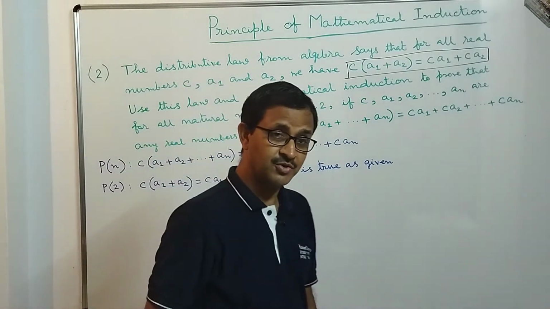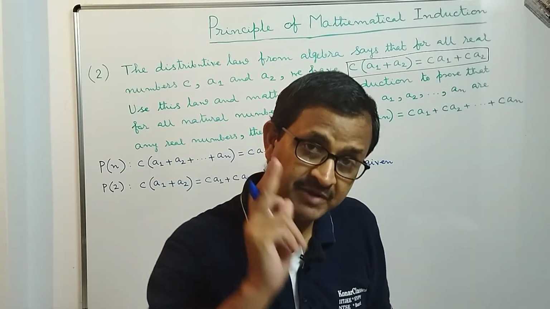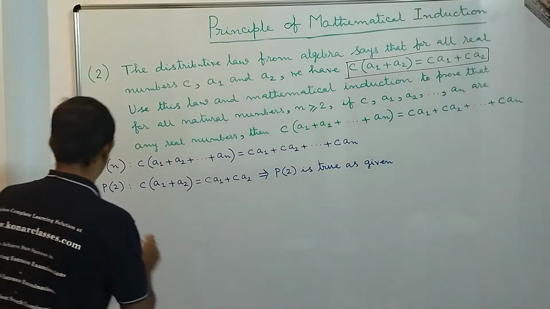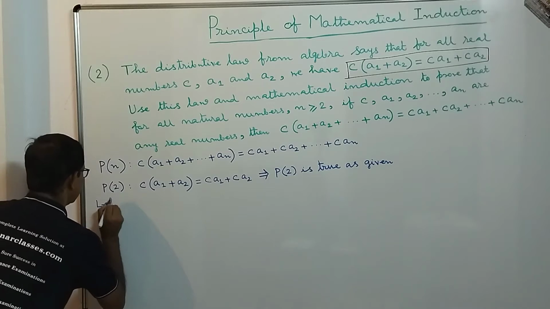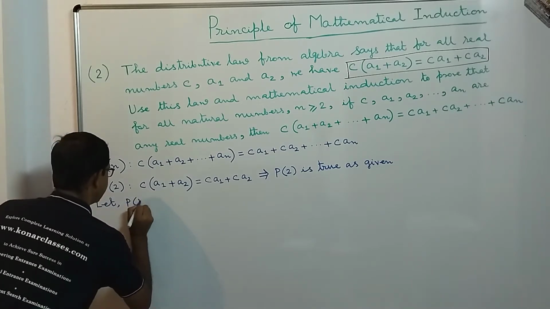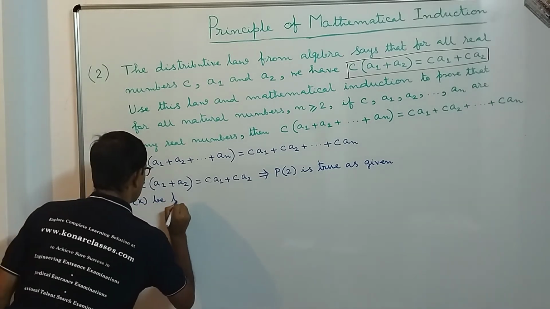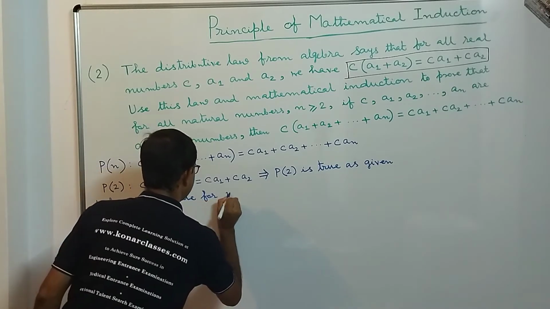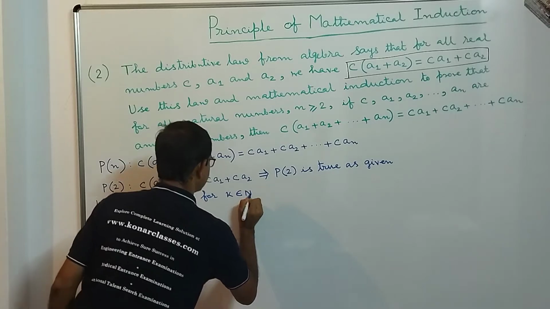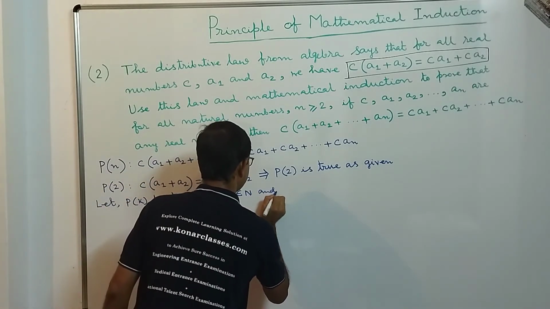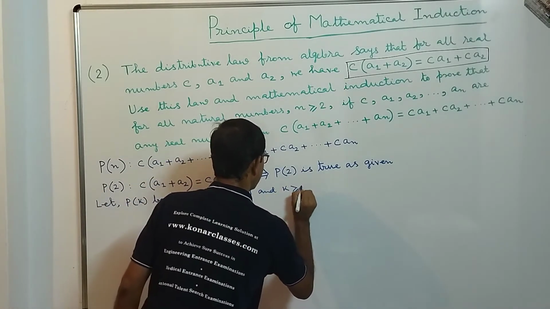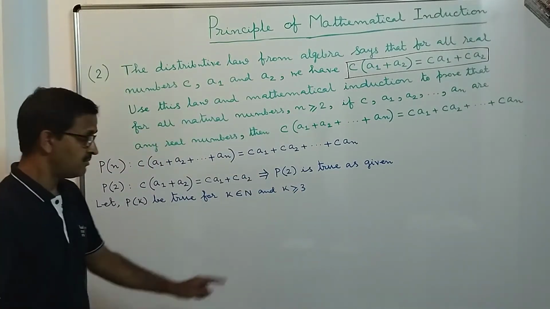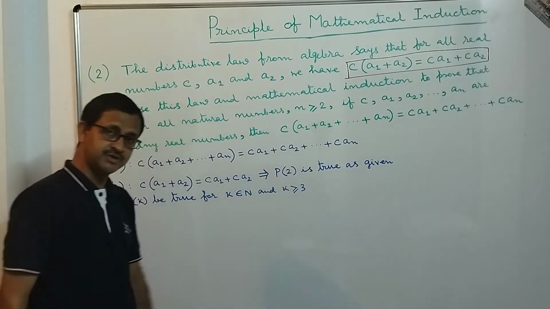Now dear students, we will assume that Pk is true, for k belonging to the set of natural numbers and k greater than or equal to 3, because for k equal to 2 we already proved it.